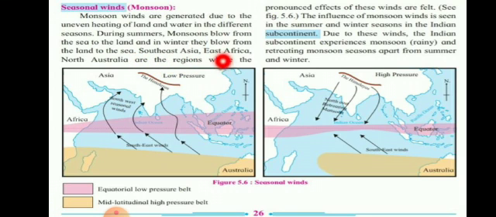Southeast Asia, East Africa, and North Australia are the regions where the pronounced effect of these winds is felt. The influence of monsoon wind is seen in summer and winter season in the Indian subcontinent. Due to these winds, the Indian subcontinent experiences monsoon, that is the rainy season, and the retreating monsoon season, apart from the summer and winter. Now let us discuss this in detail.